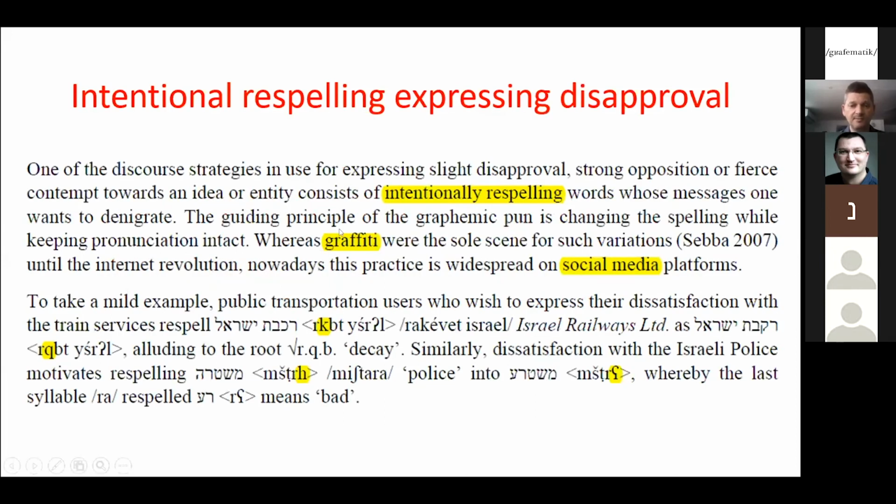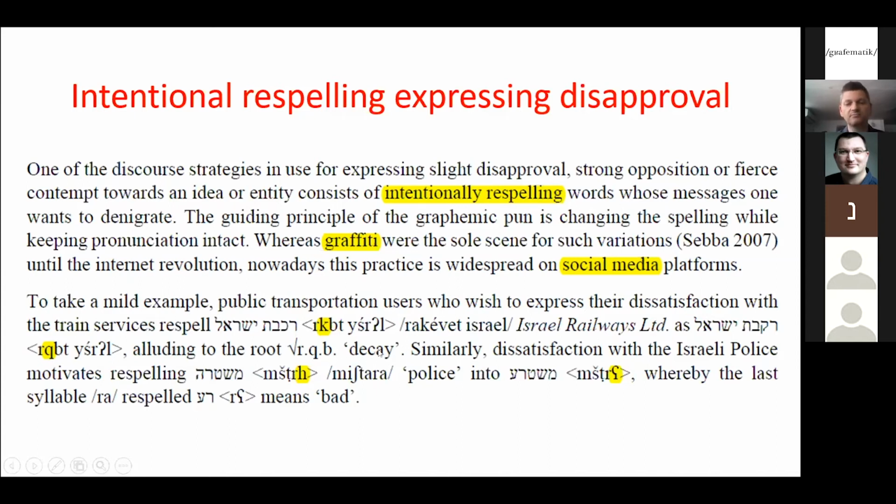So, intentional respelling: people just respell when they don't like you. And whereas in the past they would do it by graffiti, today they also do it on social media. So people who don't like the service given by Israel Railways, instead of spelling rakevet, train, with a kaf, would spell it with a kuf, which alludes to decay.